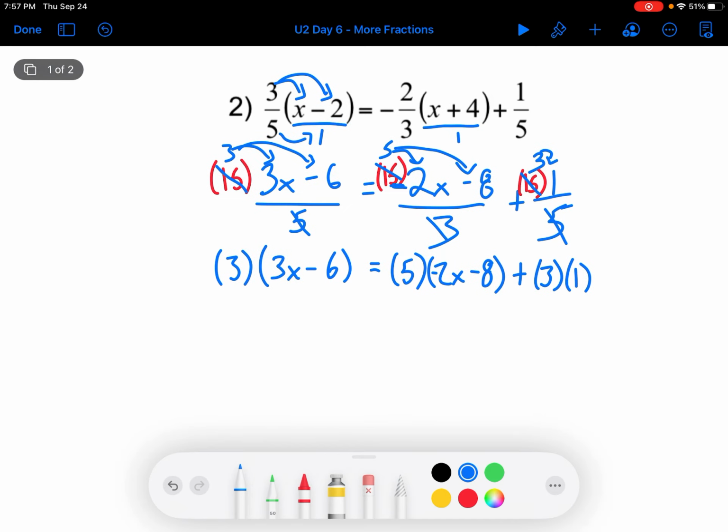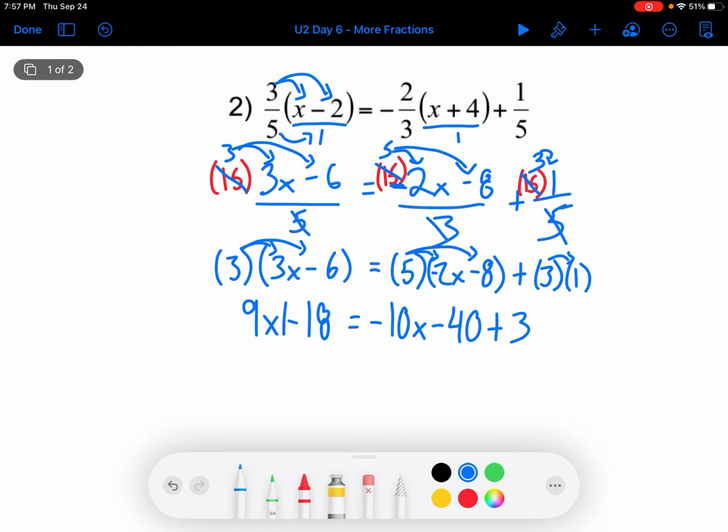So now we're going to distribute the 3, the 5, and the 3. So we get 9x minus 18 equals negative 10x minus 40 plus 3. This is a little bit harder, but we're going to move all of the numbers to the right, all of the variables to the left.